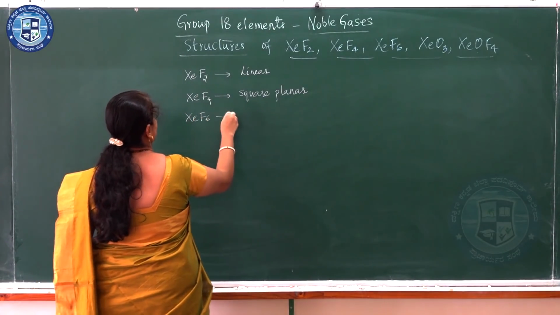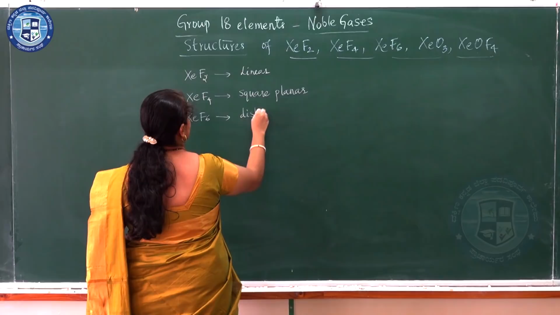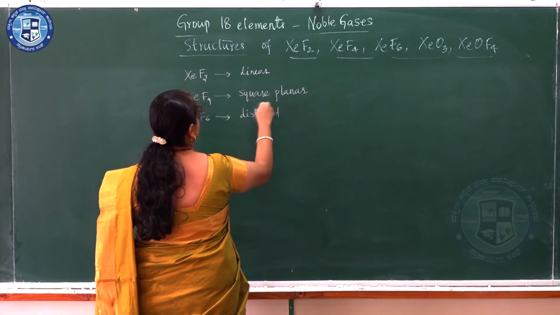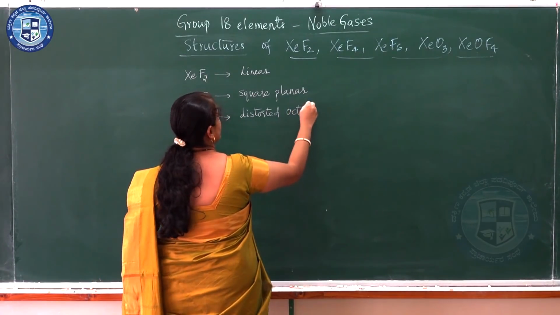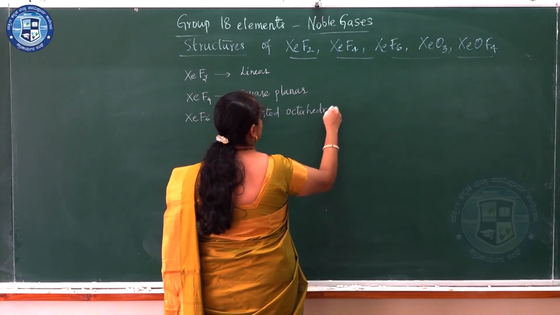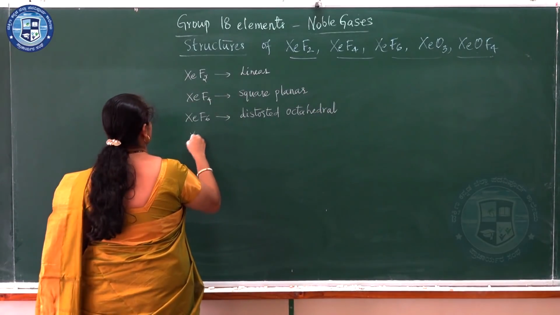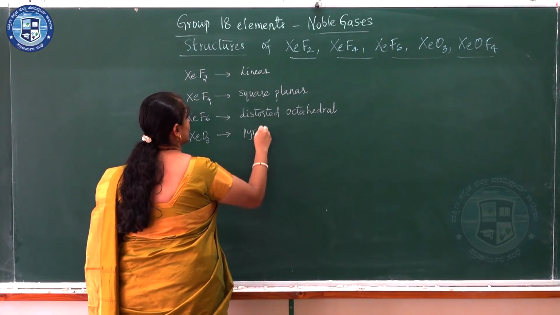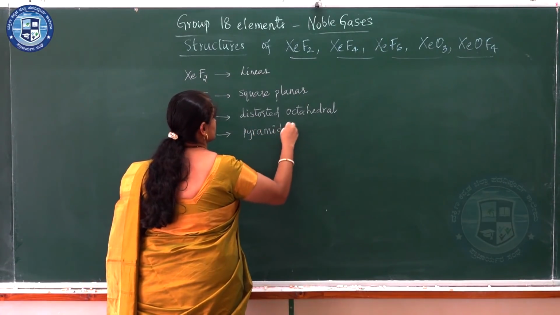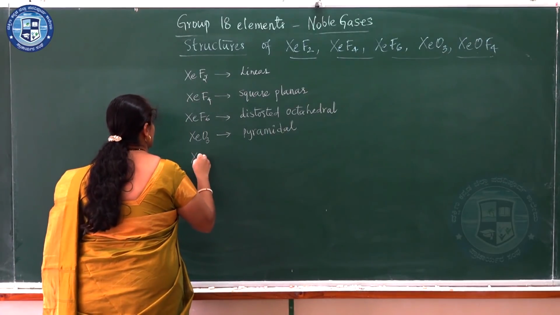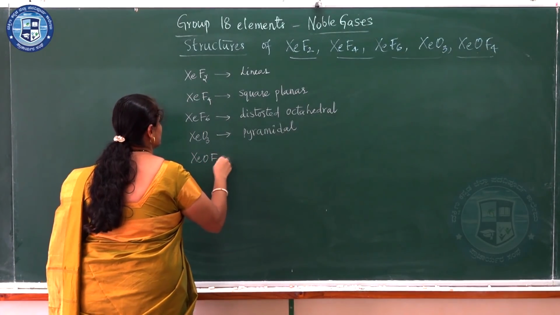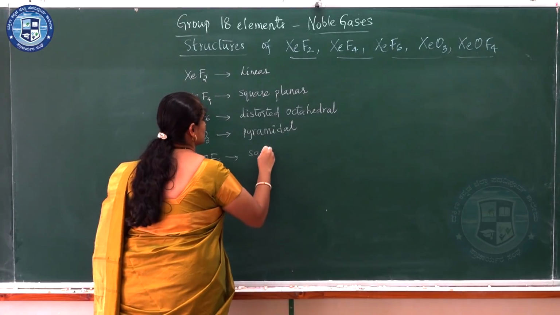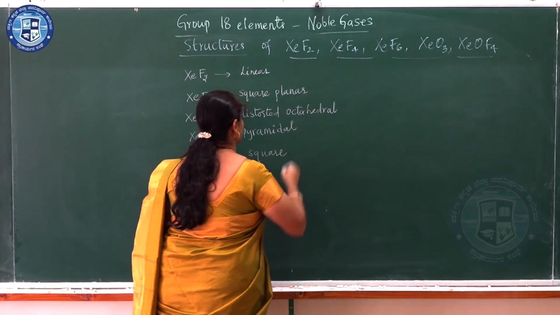XeF6, distorted octahedral. XeO3, this is pyramidal, and last XeOF4, this is square pyramidal.